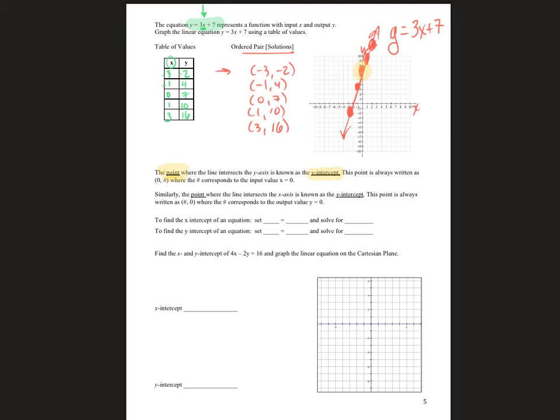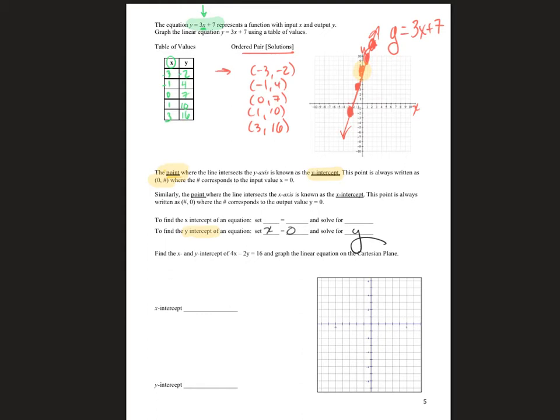This point is always represented with the x value being 0 and the y value being the y value of the point that passes through the y-axis. So how could I find that? To find the y-intercept, I could easily set x equal to 0 and solve for y.